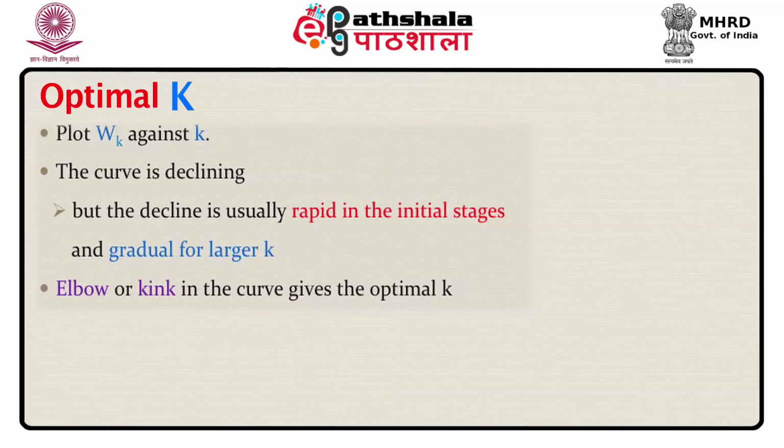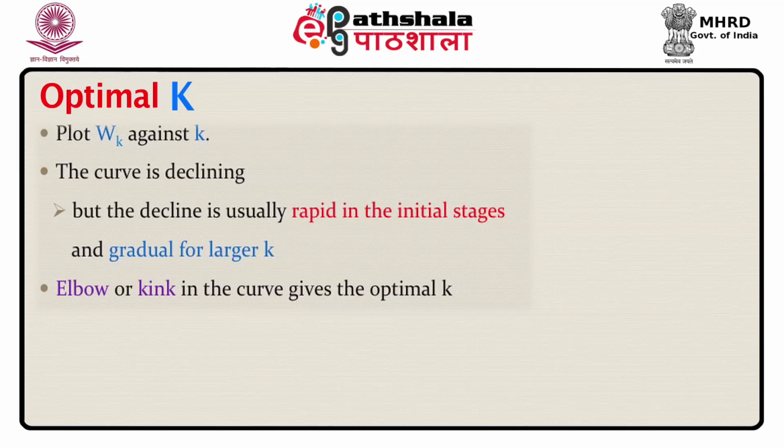But the decline would usually be rapid in the initial stages. As you form the first 2, 3, 4 clusters, the decline in Wk would be much larger. But once homogeneous clusters are formed, the decline in Wk would be much more gradual as you have a larger number of clusters.